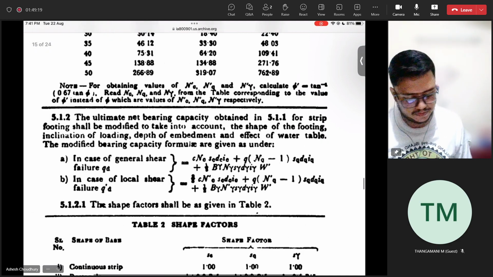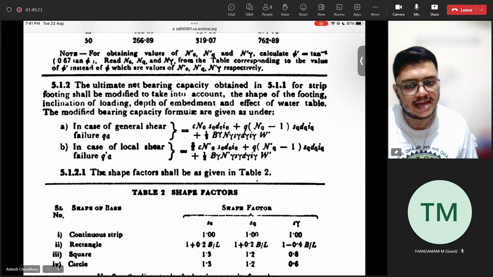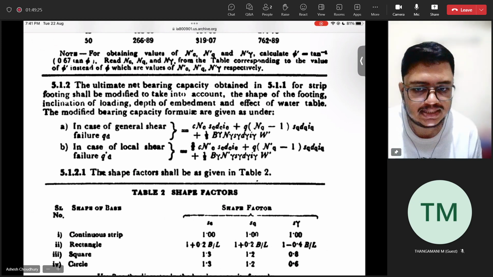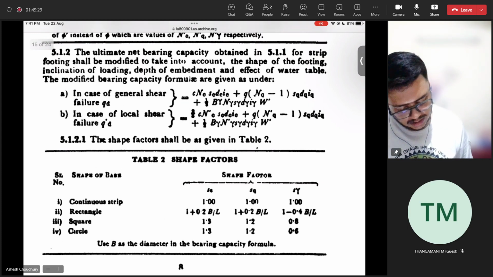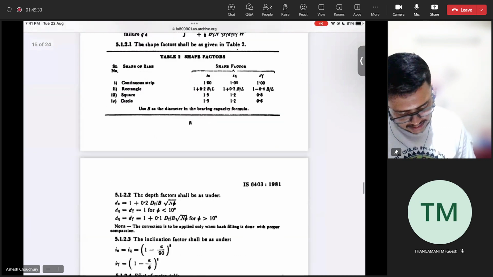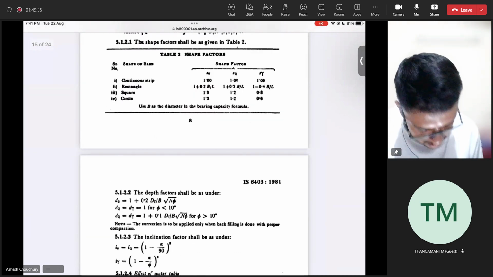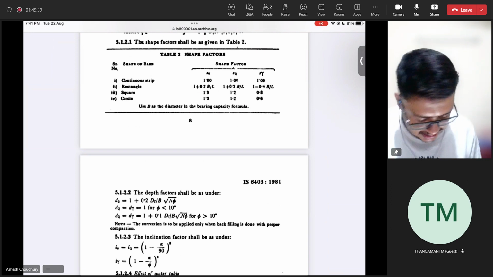Then we have Sc, Sq and S gamma, which are nothing but the shape factors, and for strip footing these are all 1. Then we have the depth factor, that is nothing but these D's.